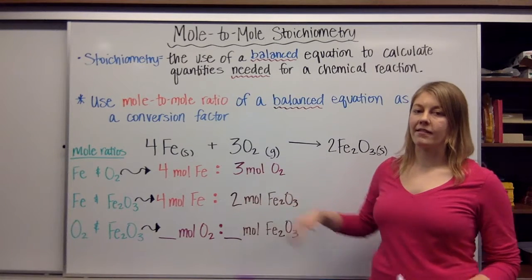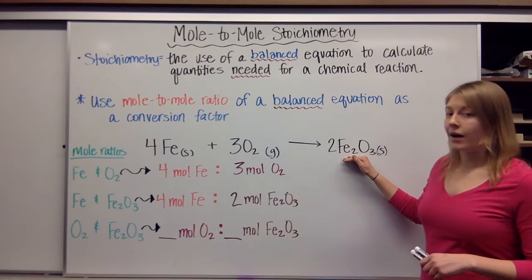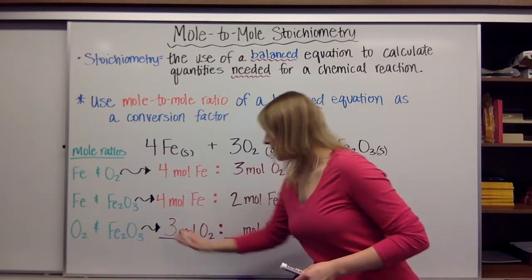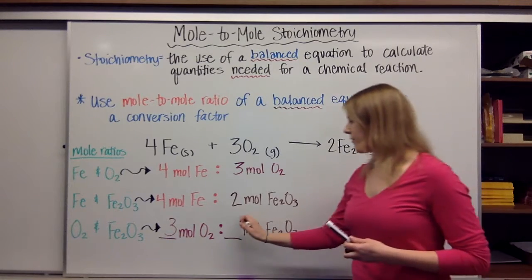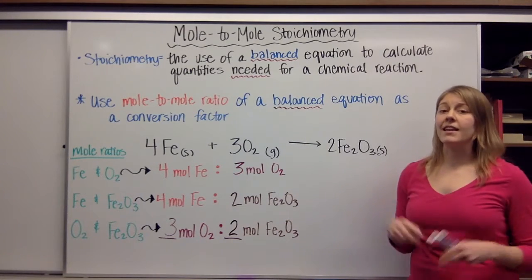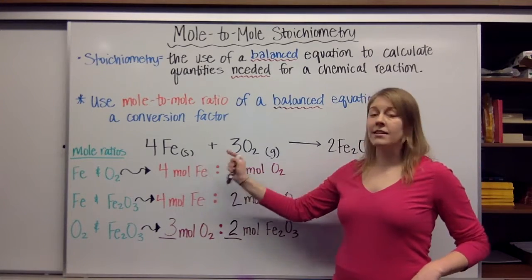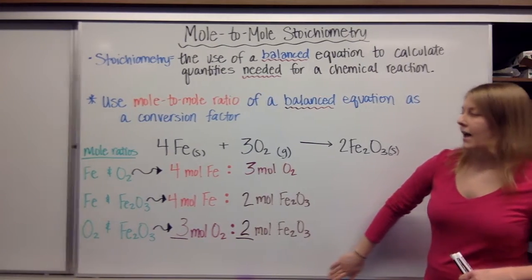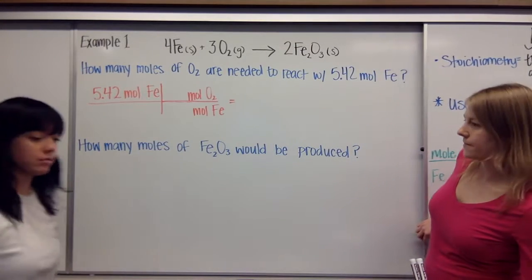If we're looking instead at oxygen and iron(III) oxide, we have 3 moles of oxygen, and how many moles of iron(III) oxide? Still 2 moles of iron(III) oxide. Once you have these ratios down, all this is going to take is simply plugging it in to an equation. So we can do ratios just between the reactants or between a reactant and a product. All right, so let's take a look at how we can put this into practice with our equations.